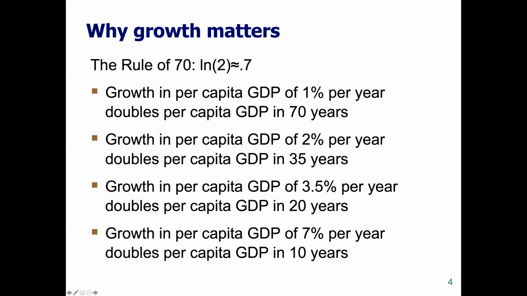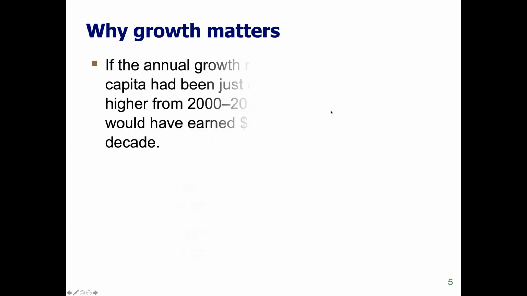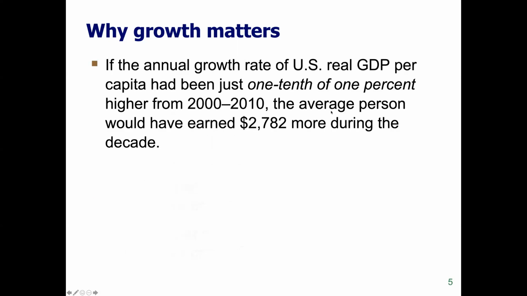So growth rates that can seem modest can really transform things over time. If the annual growth rate of US real per capita GDP had been just 0.1% higher for 10 years, the average person would have earned $2,782 more during the decade.